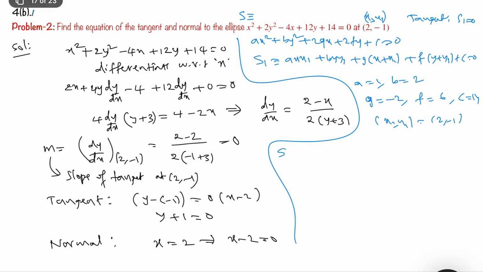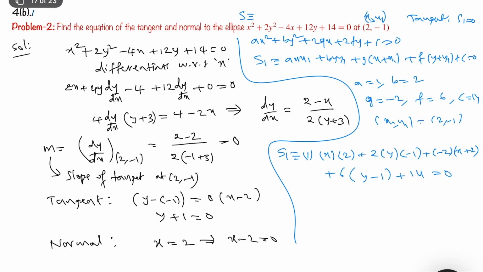In this case S1 will be 1 times x times 2 plus 2 times y times -1 plus -2 times (x + 2) plus 6 times (y - 1) plus 14 equal to 0.